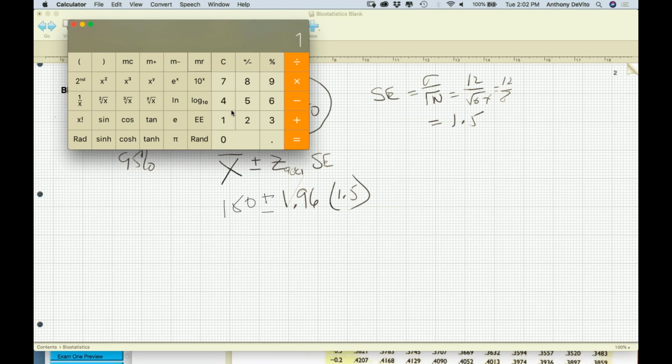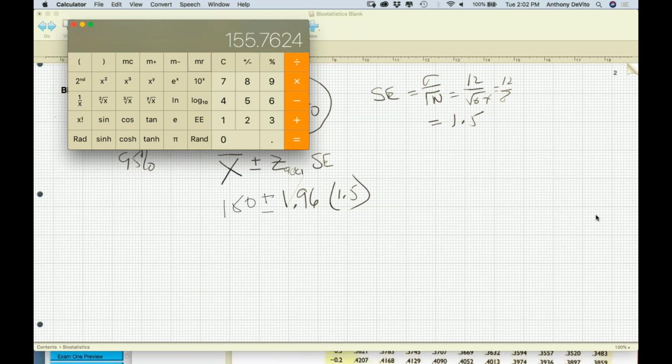Okay, so 150 minus that number, which is 1.96 times 1.5, is equal to 144.23, right? And I'm going to clear that, and 150 plus that number is equal to 155.76.